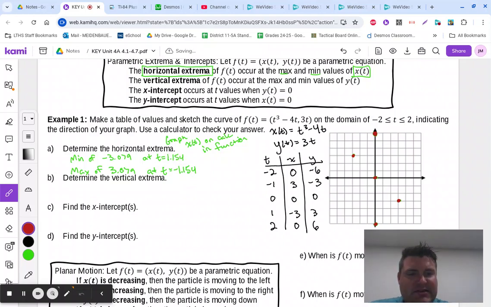I do know that it is slightly after right here, and it is slightly before right here just by the times. So now I'm going to go ahead and connect these. Kind of sort of our graph looks like this, and we are definitely going in this direction, so please do indicate the direction that we're going in.